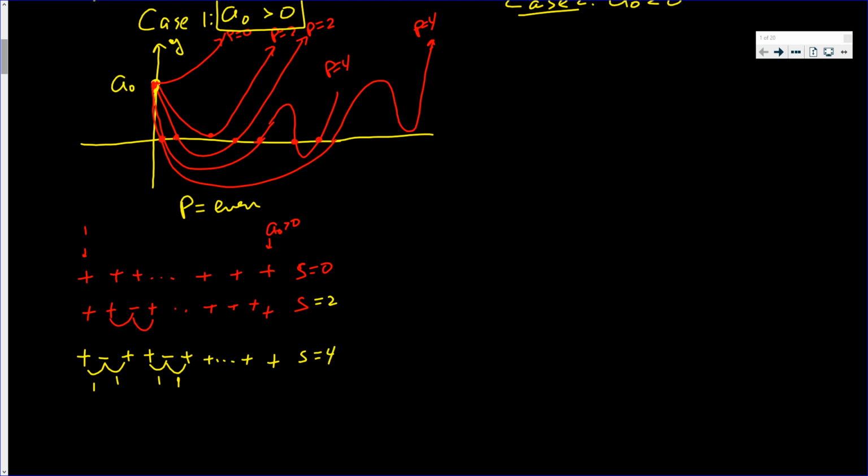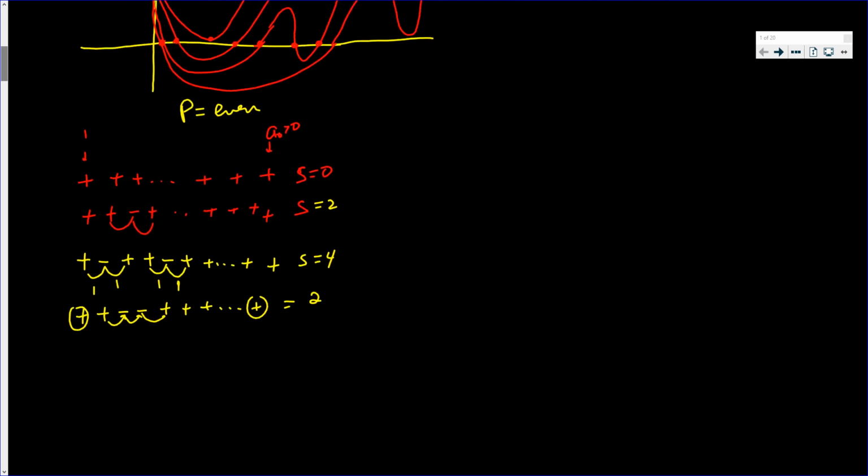Well, what if I put the two negatives right next to one another? Remember, the first and the last have to be positive. Well, we have one sign change, no sign change, and then a second sign change.